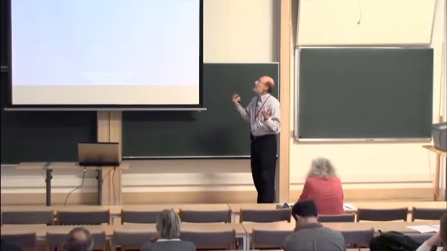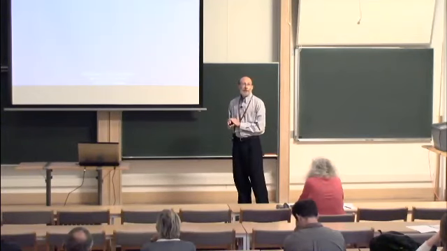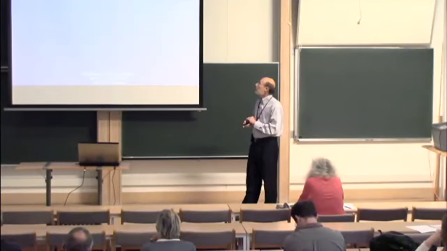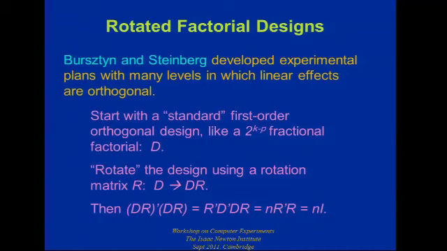Okay, so here are the basic ideas, and it comes out of this idea of rotated factorial designs. So this is work that goes back to my work with Dietze Burstein, as well as Dennis Lin's work with a student of his, Jim Beattie. And here's sort of the two basic ingredients to this.